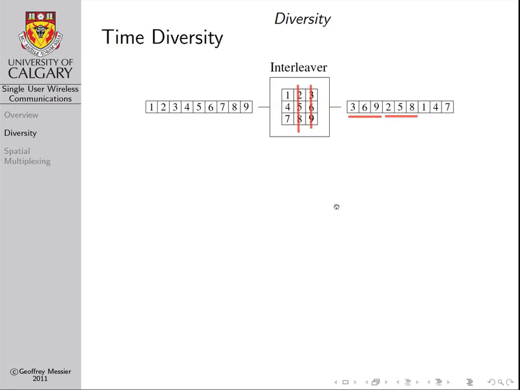And so the net effect of this reading in by rows, reading out by columns, is that we essentially get a shuffled or scrambled form of the frame at the output. And fundamentally, that's all interleavers do. Interleavers are scramblers or shufflers. They just shuffle the order of the bits.